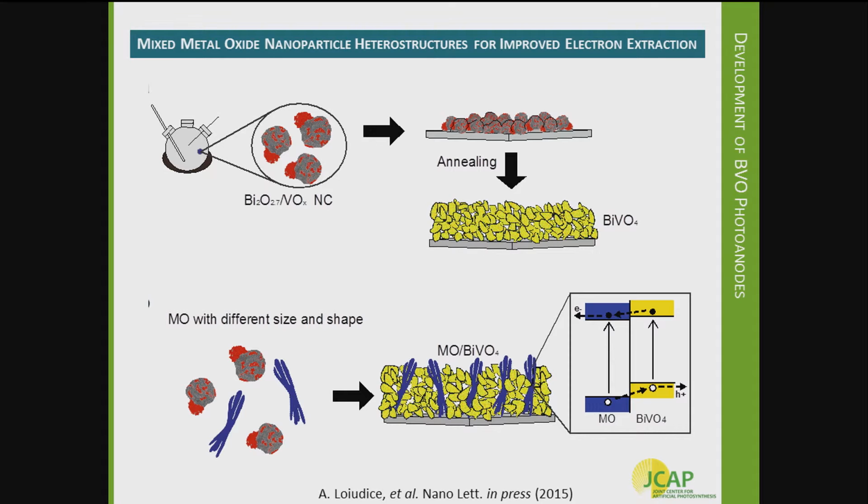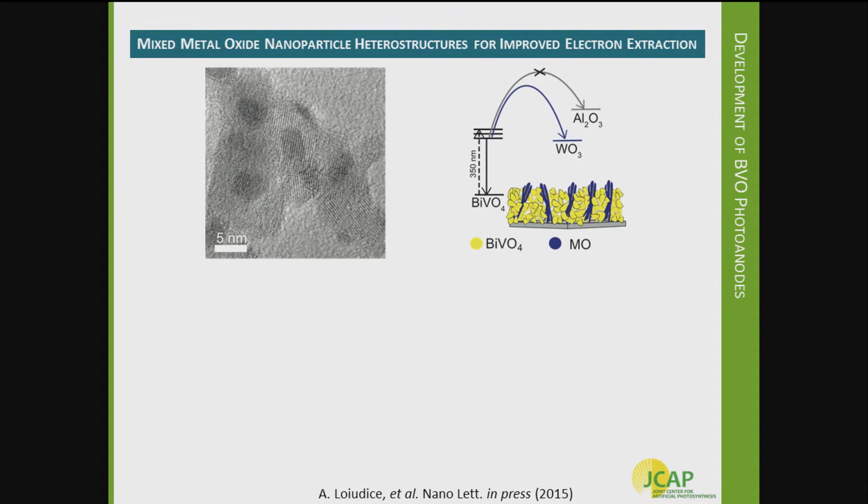In this case, we mixed bismuth vanadate nanoparticles together with secondary oxide phases that have improved electron transport properties relative to the bismuth vanadate. So here's shown the example of how this works. Bismuth vanadate in this case was mixed together with tungsten oxide at the nanoscale, but with controllable length scales of their interactions, and as a reference with alumina, where we would expect no charge injection.